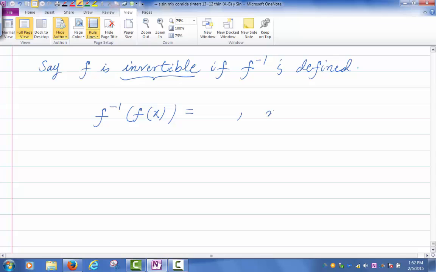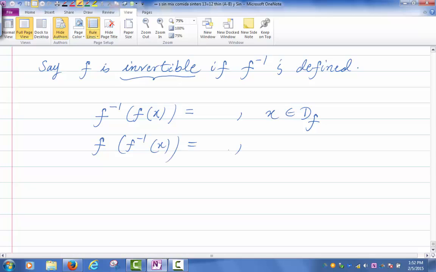Domain of f, because you are applying, what function are you applying first? f. Now f of x is defined only if x is in the domain of f, right? So x has to be in the domain of f. Okay. On the other hand, can you also tell me what is f of f inverse of x?